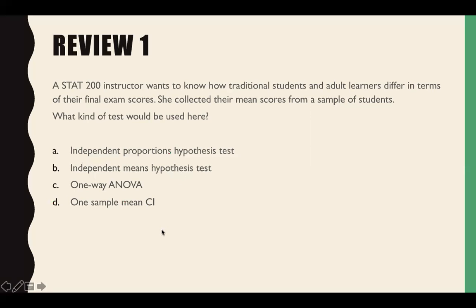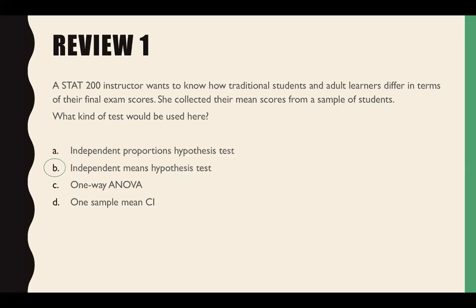Okay, so we're going to go with the answer here. The answer is B, independent means hypothesis test. This is really testing to see if you can identify the type of test you would use if you're given a situation. We would be using an independent means hypothesis test here because we were given 2 groups. We have traditional students and adult learners.